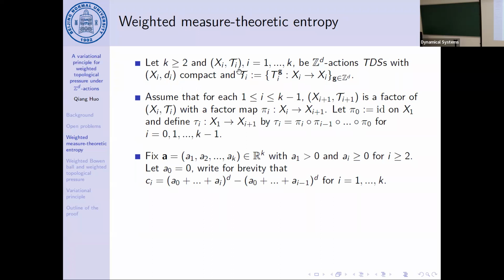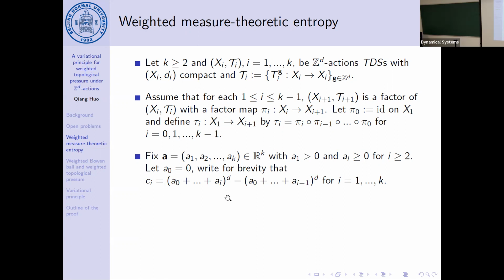We will consider K dynamical Z^d action systems, and assume that for each i bigger than 1 and less than K minus 1, the later one is a factor of the former one via the factor map pi_i. Let pi_0 be the identity map on the first space, and define tau_i as the composition of these factor maps for each i, and A is a K-dimensional weighted vector. Each coordinate is non-negative.